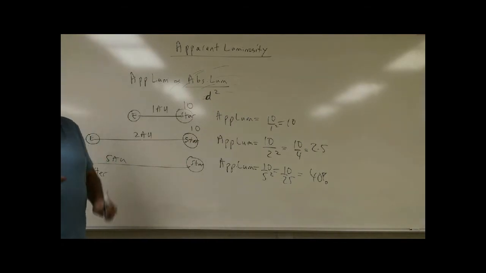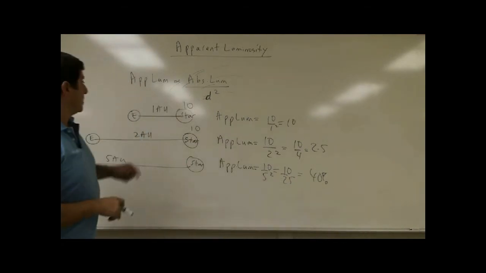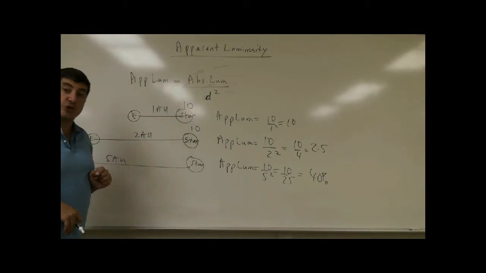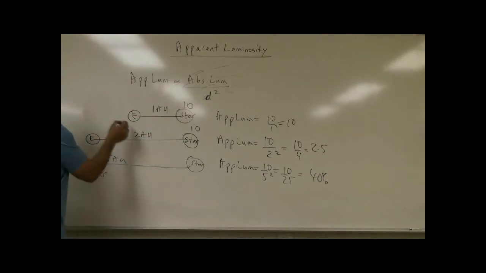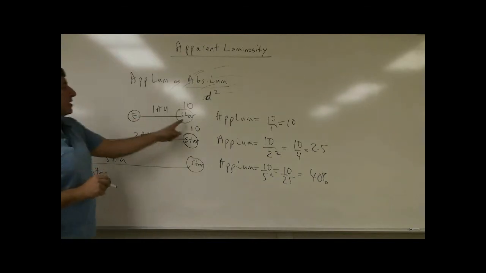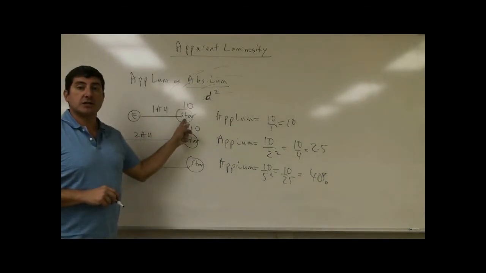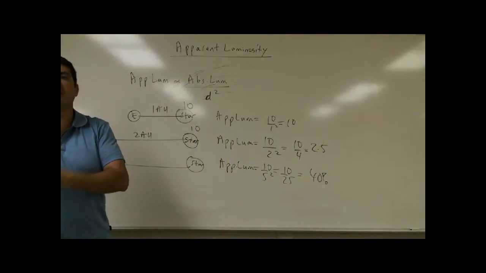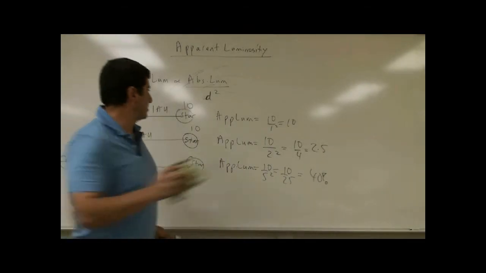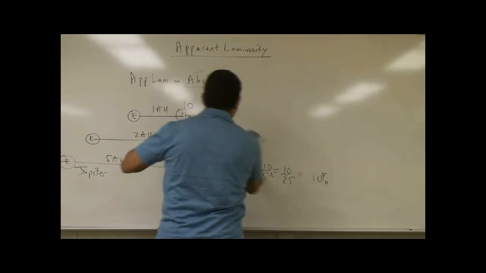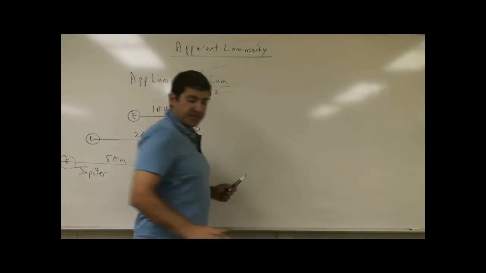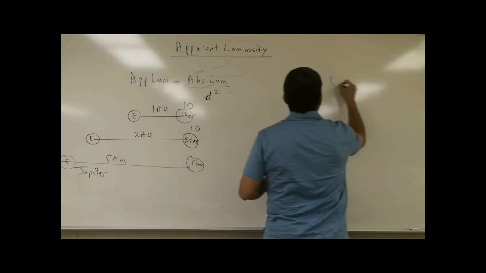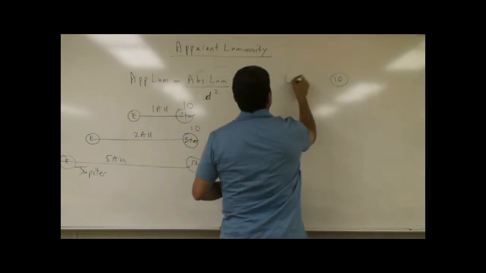So maybe the question can be worded this way. If we happen to have a choice of where to put our Earth, how far away should we put it from that star so that the temperature of that planet will be very similar to what it is now? So let's say we happen to find a star that's 10 times as bright as the sun.